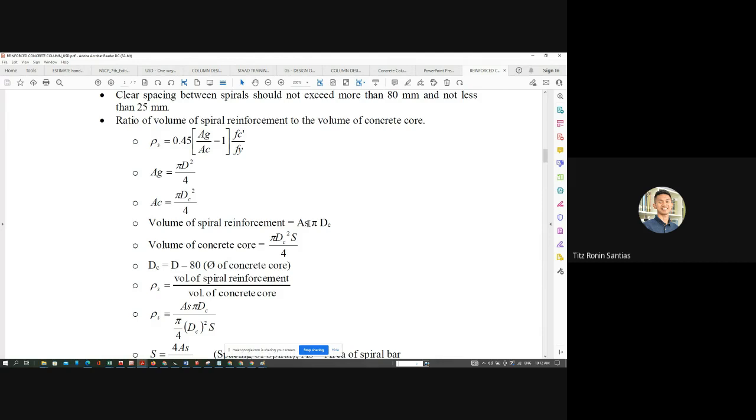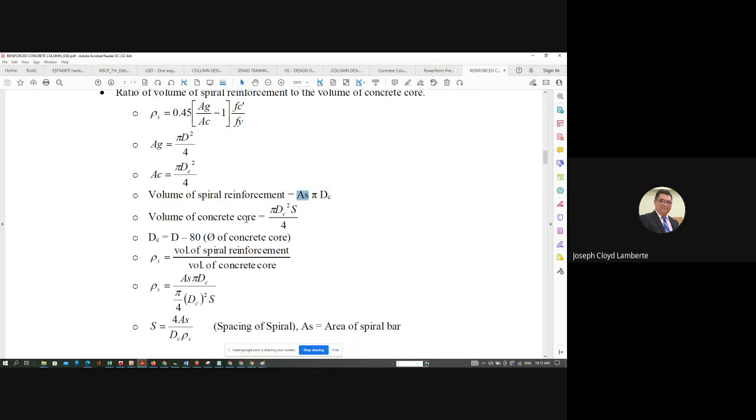Yes, sir. Pi D is the circumference of your spiral reinforcement times its area. That circumference becomes the length, like the height of a cylinder. AS is the area of the 10 mm bar. The volume of the concrete core is pi D over 4 times the spacing.